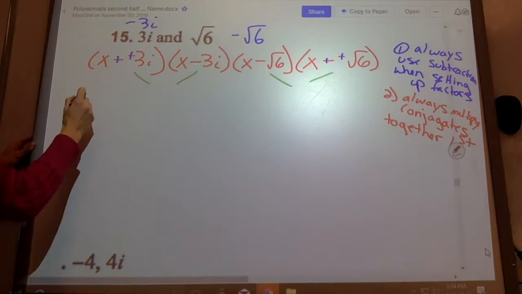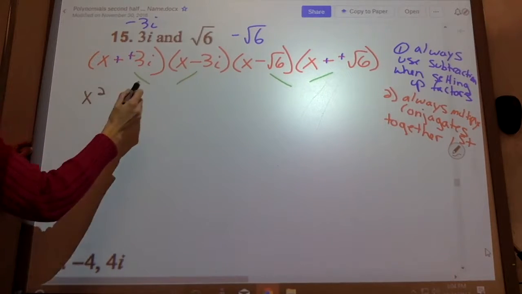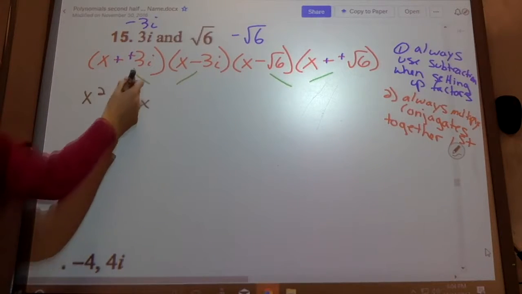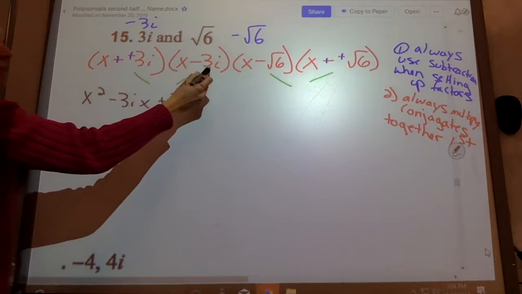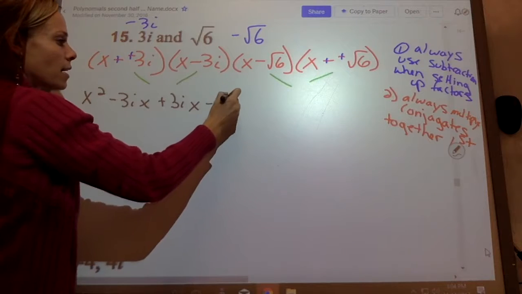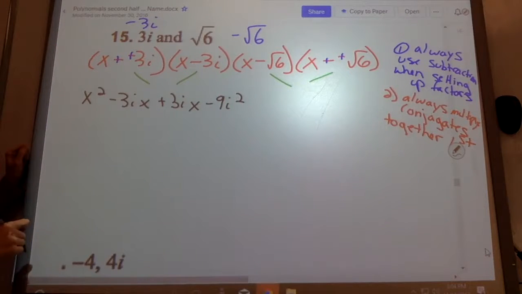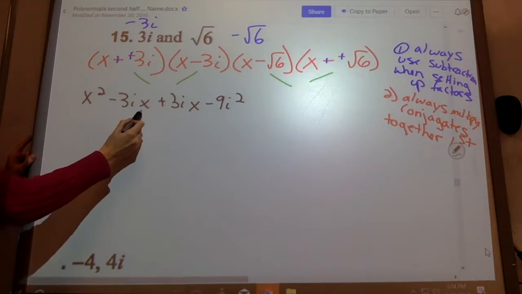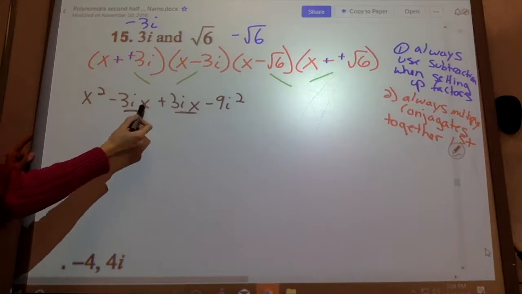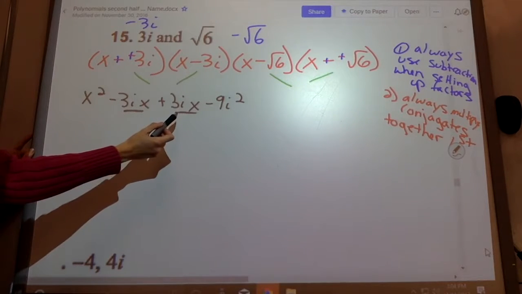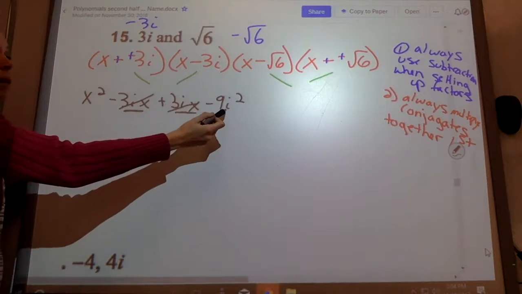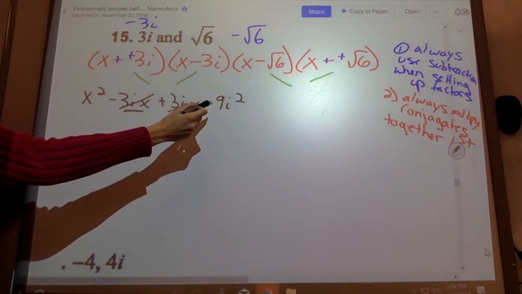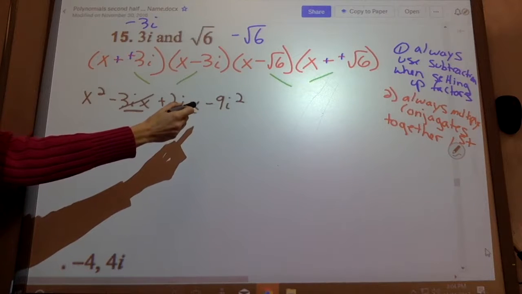So x times x, x times negative 3i, 3i times x, and then 3i times negative 3i would be negative 9i squared. Right? And see what happens? My i terms here, negative 3, positive 3, those cancel out. That's 0. Negative 3 plus 3 is 0. And what do I know about i squared? It's negative 1.